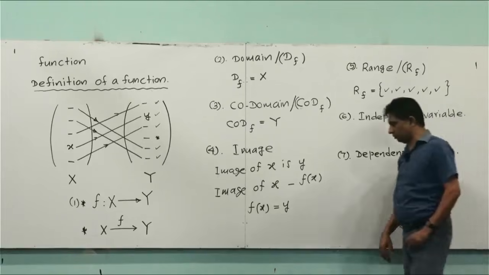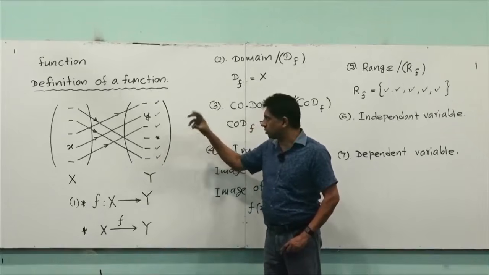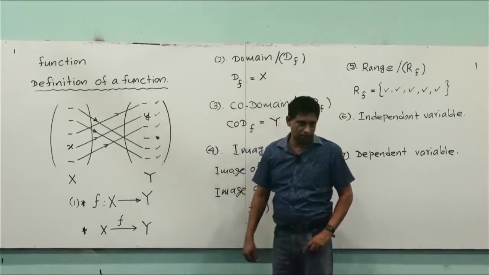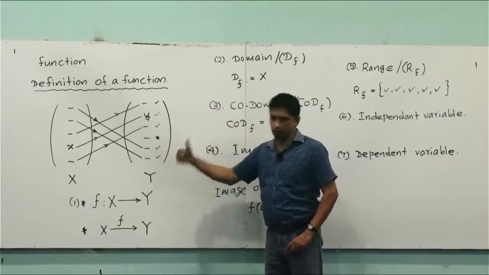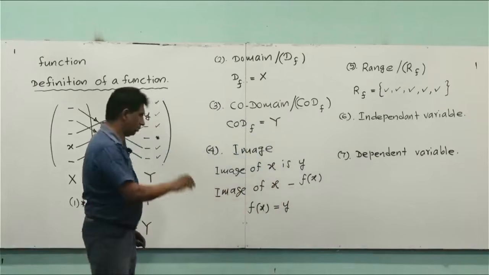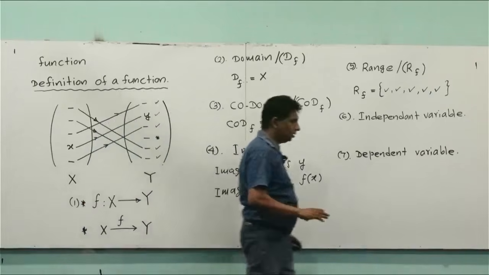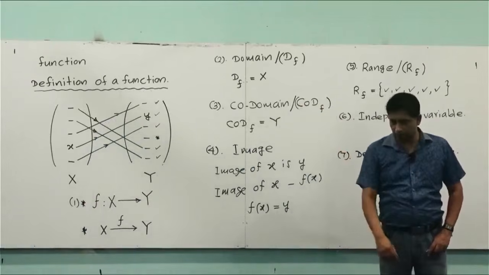Earlier I mentioned that 6 mathematicians give 6 definitions for functions. Here we study the first definition. Now we can write down these topics and then go to the examples.